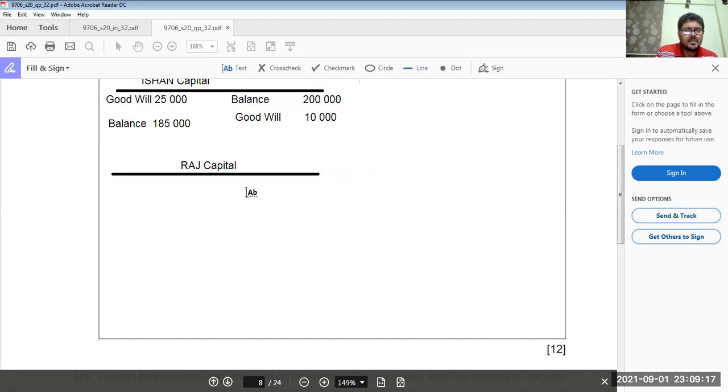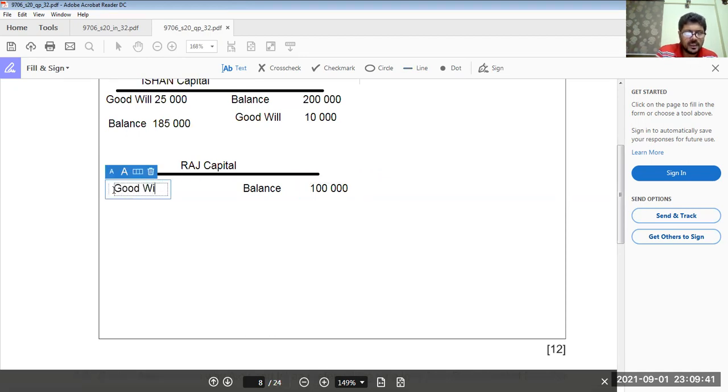Now the balance in the Raj capital account is supposed to be 100,000. Because his capital is coming up with a goodwill, we don't need to add goodwill over here, since his goodwill is already given.